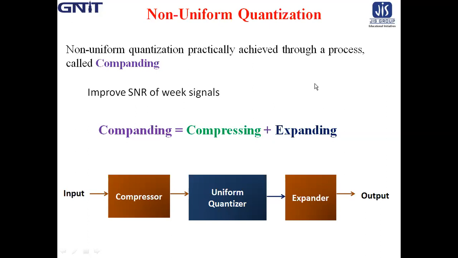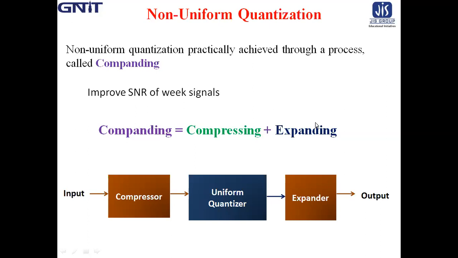So to improve the SNR of weak signals, companding is used. Companding is a term derived from two words: one is compressing and the other is expanding. In practice, it is difficult to implement non-uniform quantization because the changes in the signal level are not known in advance.